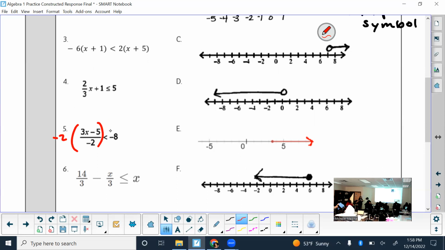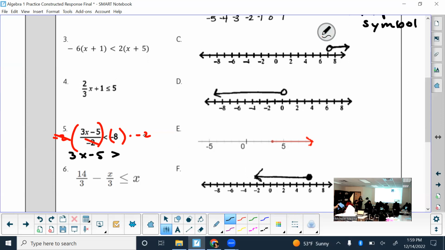And whatever you do on one side, do it to the other side. Now, you can do that with any fraction. Multiply by the denominator, it's no longer a fraction. So that cancels. I have 3x minus 5. Do I need to flip the sign?